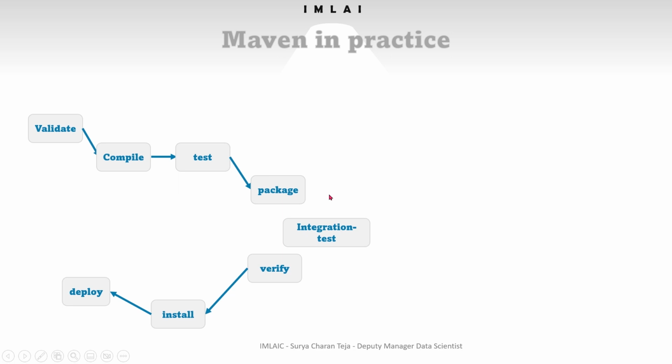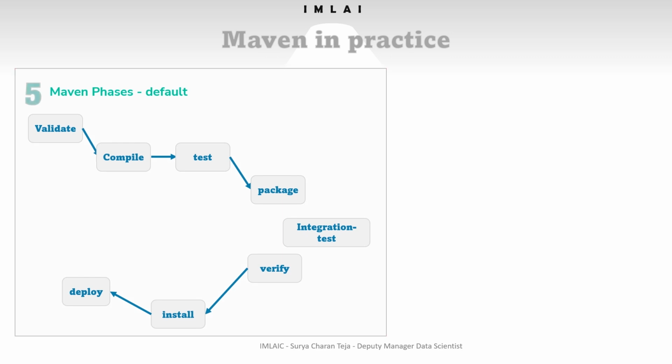Now what happens when you execute a phase using mvn package? It is going to build. When a phase is given, Maven executes every phase in the sequence up to and including the one that is defined.